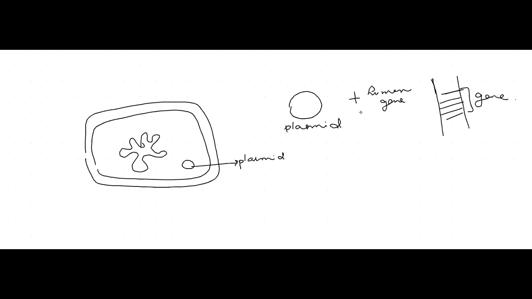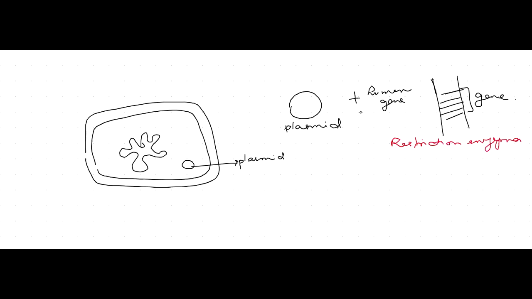How do I cut out the insulin gene from the DNA? I do this with the help of some really special enzymes. These enzymes are known as restriction enzymes. The restriction enzymes are the ones that are responsible for cutting the DNA.